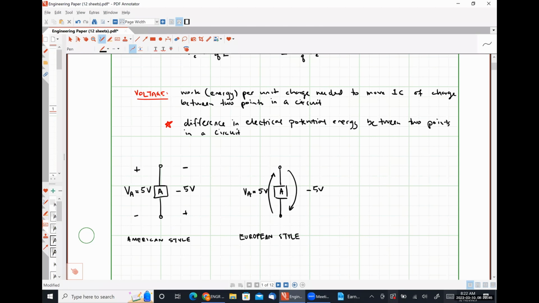Okay. And then there's a third style that we're going to use effectively a modified version of it in this class when we start talking about nodal analysis. Okay. So I'm going to draw that same element. Now I'm not going to call it element A though. What I'm going to do is I'm going to label my terminals, A and B. And this is what's called double subscript notation.